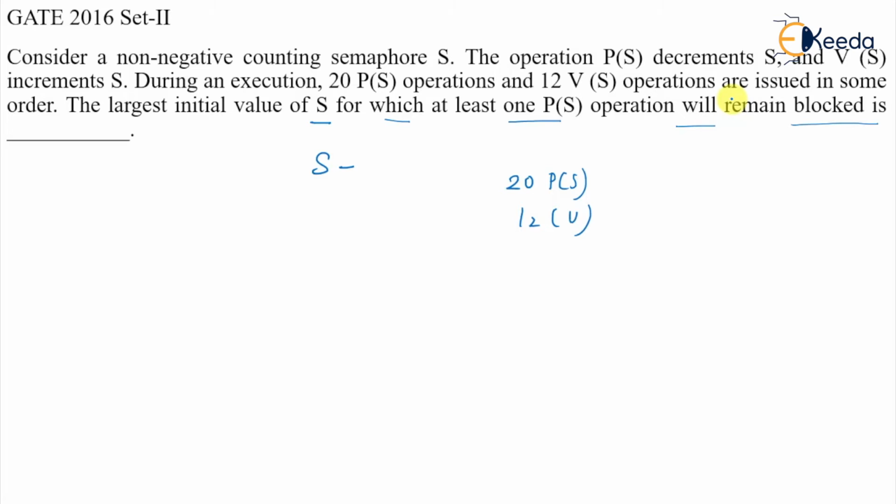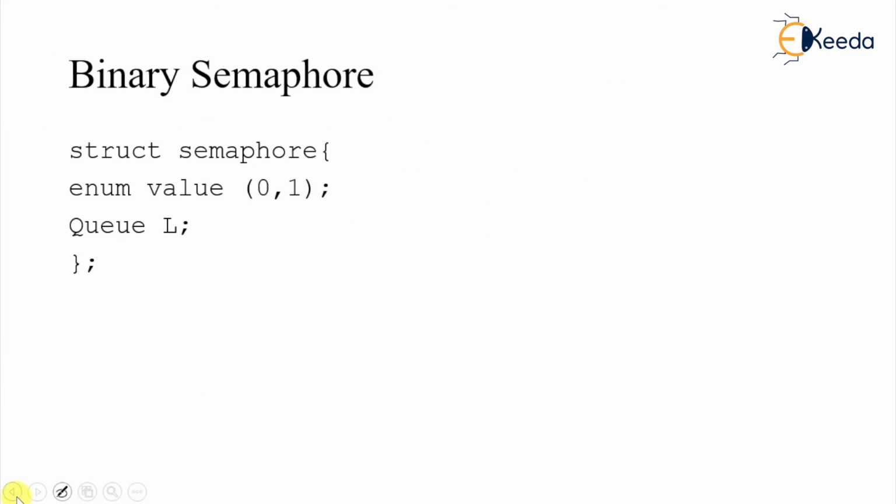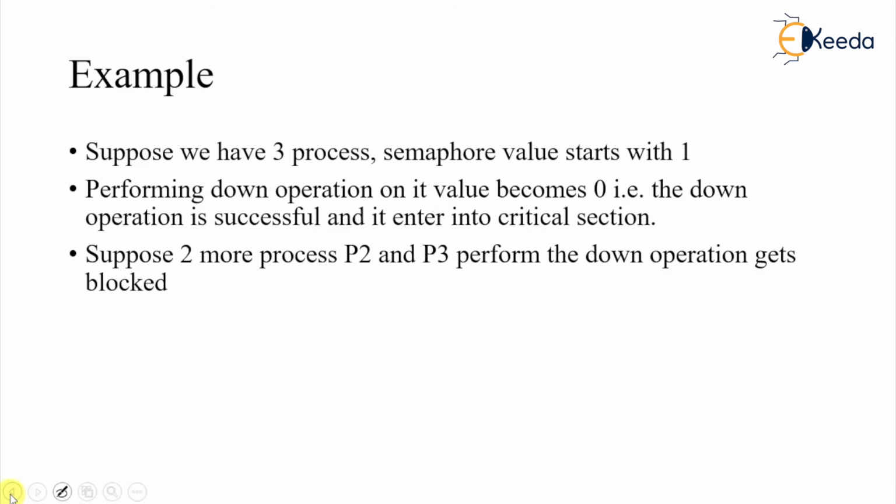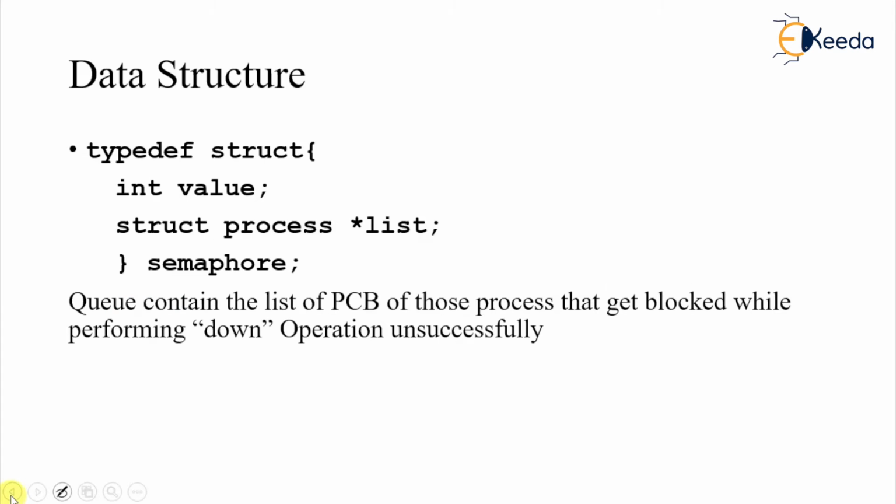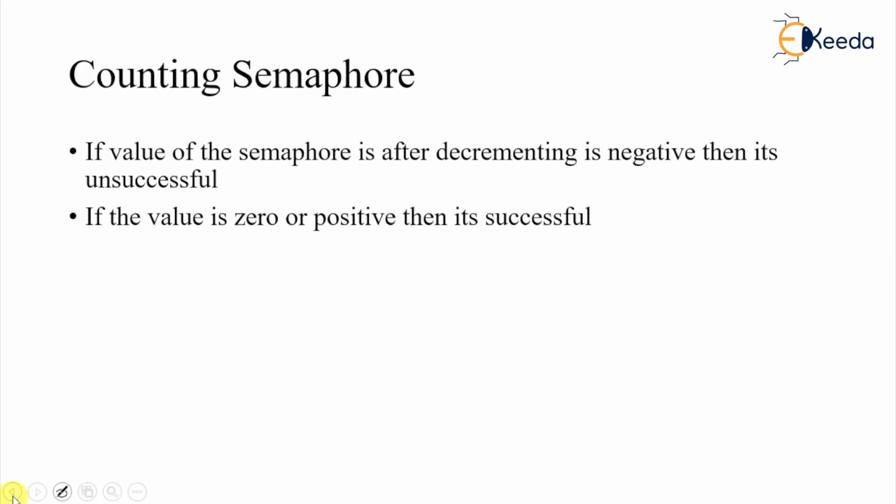Now, for blocking, we need to see successful and unsuccessful. Unsuccessful is when it will be blocked. Let me take you back to our slides here on binary semaphore, successful and unsuccessful definition. If the value of the semaphore after decrementing is negative, then it is unsuccessful.